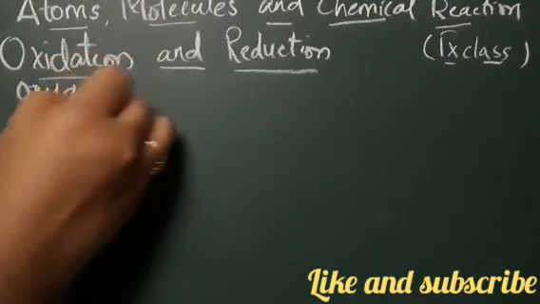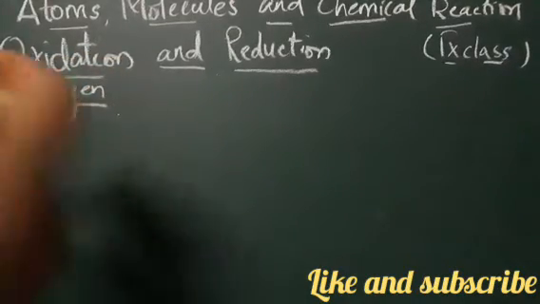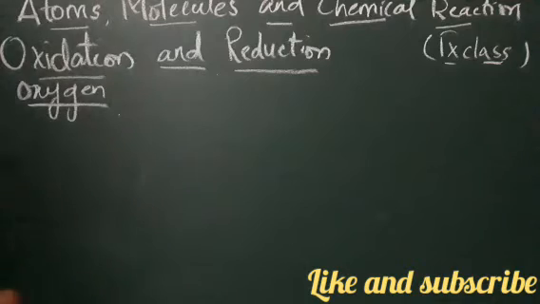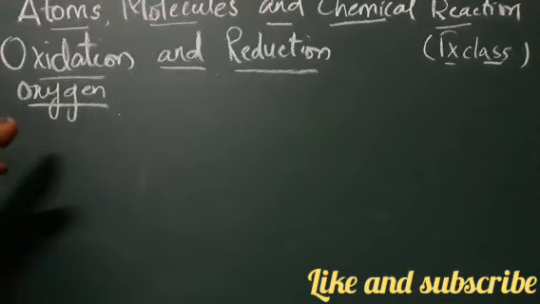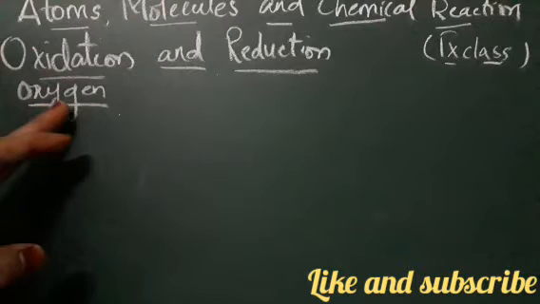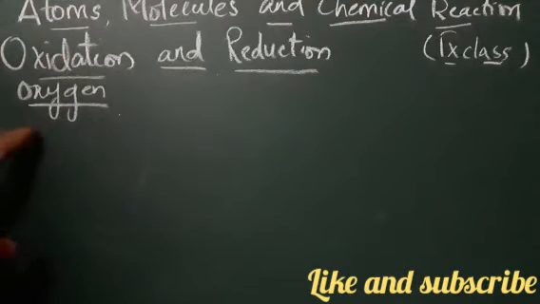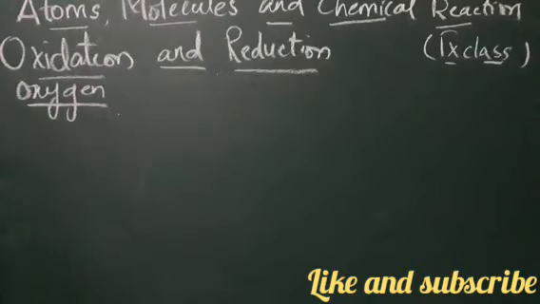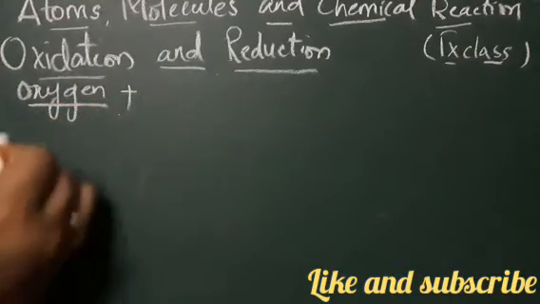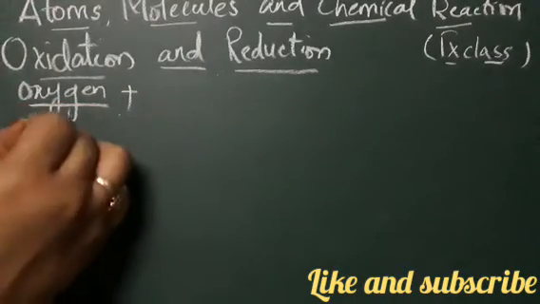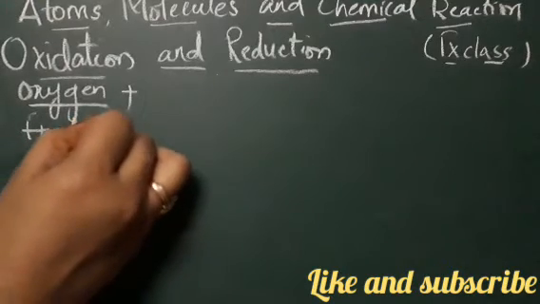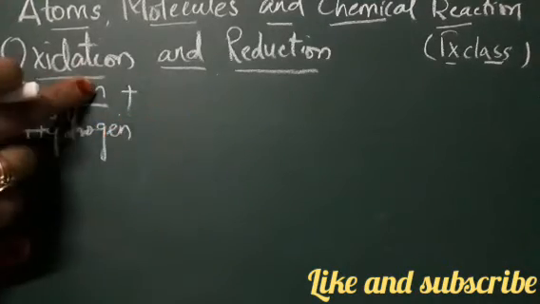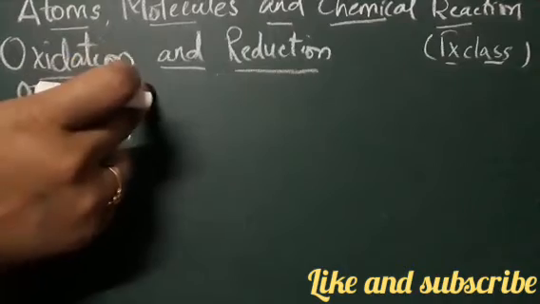Now the game is only about adding and removing. So here in oxidation, what is happening? Addition of oxygen to the substance or removal of hydrogen atom is called oxidation.